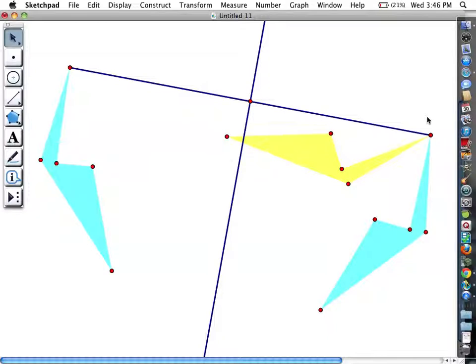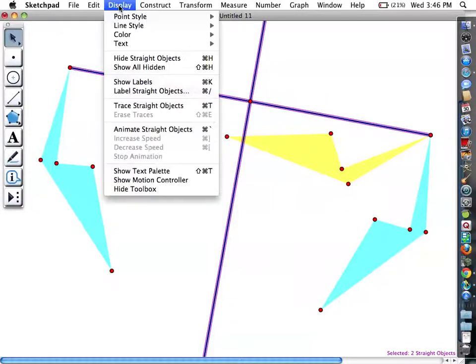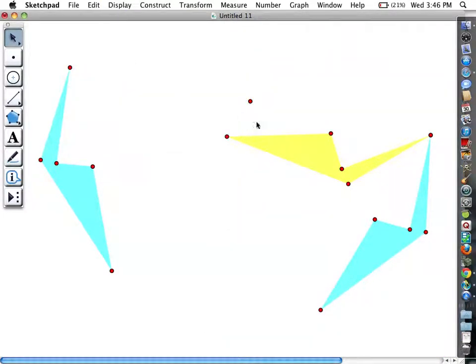So again, I'll pick 2 corresponding vertices. Actually, why don't I hide the reflection line that I already used? Okay, so we'll do that. So this time I'm going to again pick 2 corresponding vertices. I'll pick this one and this one. That choice is arbitrary.